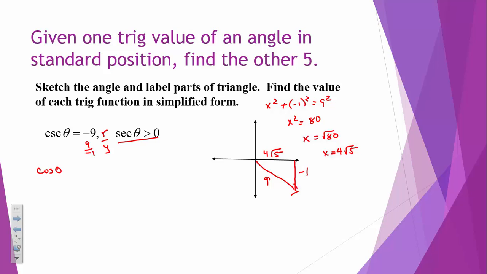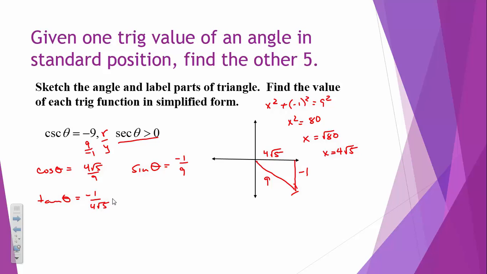Cosine is going to equal the x value over r, so 4 radical 5 over 9. Sine is the y value over r. Tangent is y over x, so negative 1 over 4 radical 5.